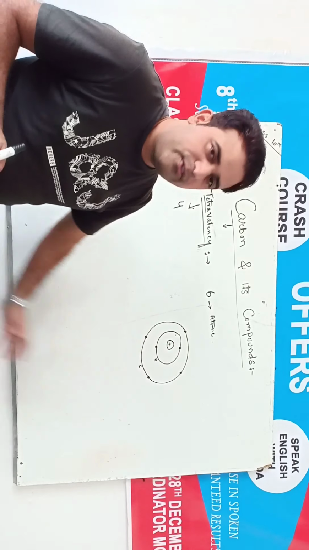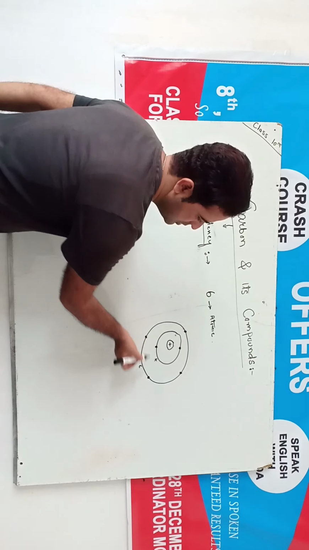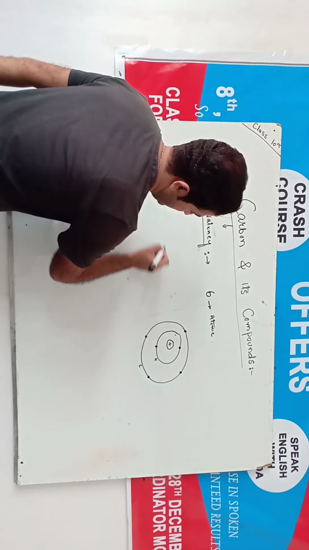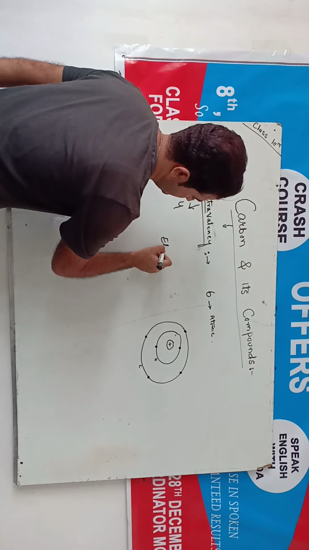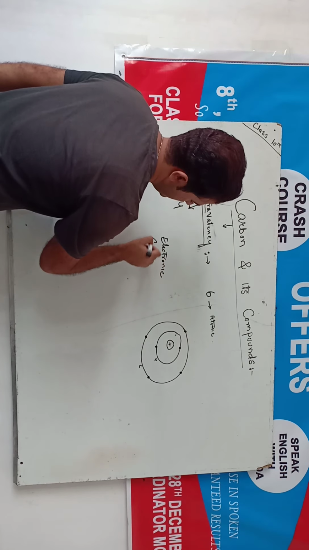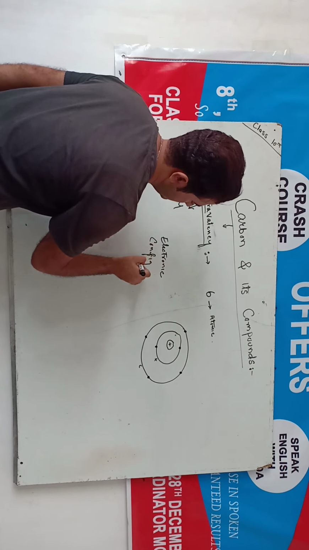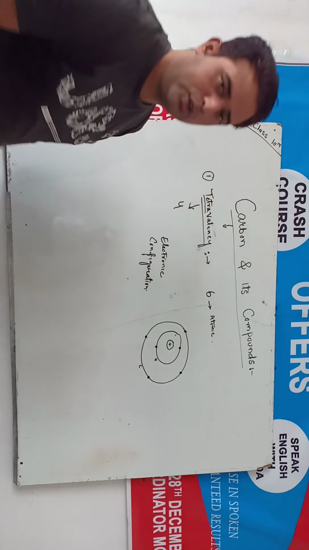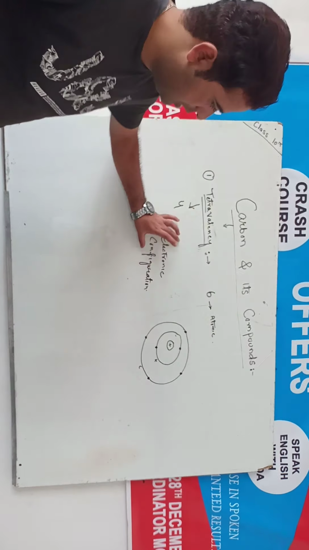This arrangement of the electrons in various shells of an atom is called electronic configuration. So, electronic configuration is the number of electrons present in various shells of an atom.